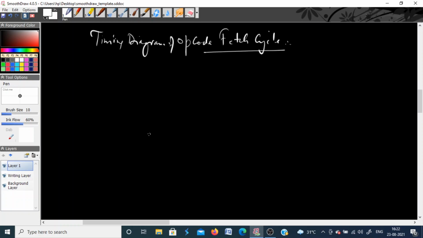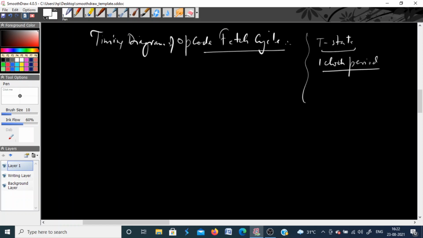Now in the timing diagrams, everything will be specified in terms of the clock frequency. One clock time period we call 1 T state. So T state refers to one clock period.